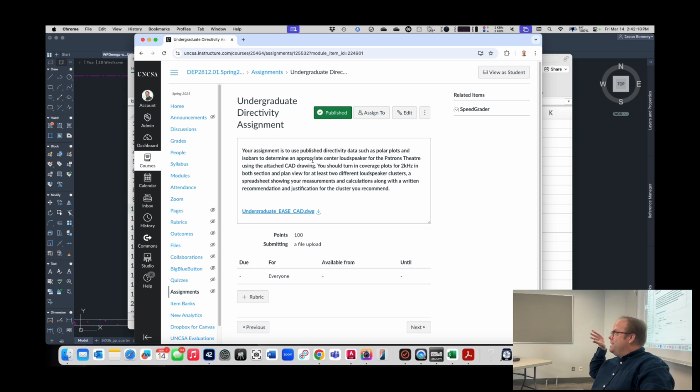Now, if you want to put some thought into which loudspeaker you choose, if you want to measure that seating area and look at the angles and look at spec sheets and try to figure out which one is likely to get you the best result, you can do that. I don't need you to do that for the purposes of this assignment. The judgment part of it, we're going to get pretty deep into that later.